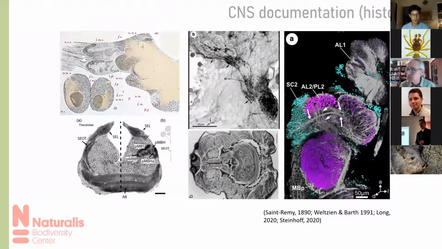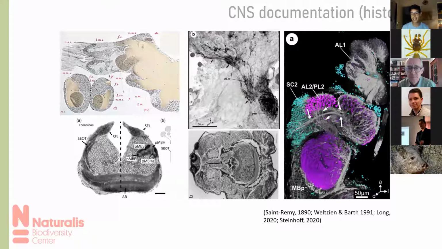But most of the ones I mentioned work perfectly for documenting the external morphology. But the internal anatomy is always a bit more difficult because, for one, it's inside the specimen, and also it requires a series of steps for staining, fixating, and also eventually slicing the specimen, which also means that the specimen is in the end destroyed.